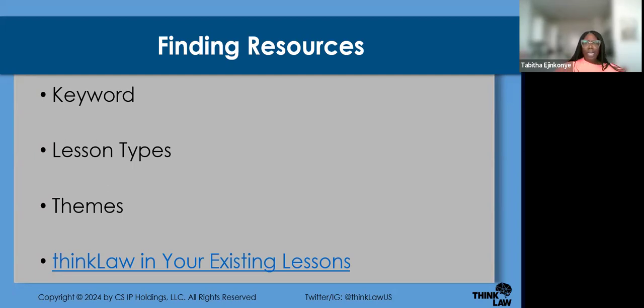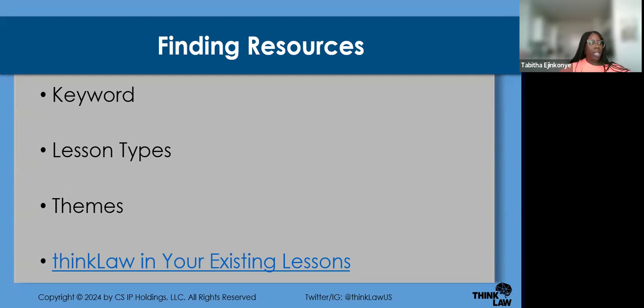But what you'll find with this link is that it's going to give you different areas, core subjects where you can incorporate Think Law. So if you teach science, we'll give you a few ideas of how you can incorporate Think Law in your science class, social studies class, math class, and so forth.